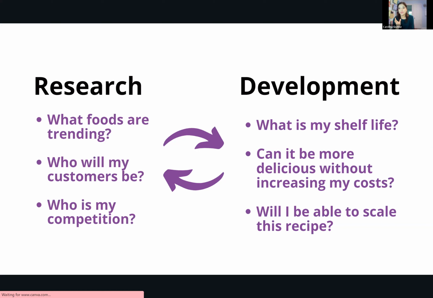So you can't be a perfectionist in this business. You have to have really high standards. You have to have consistency and quality, but you should not try to be a perfectionist, because there's no such thing as perfection in the food industry.